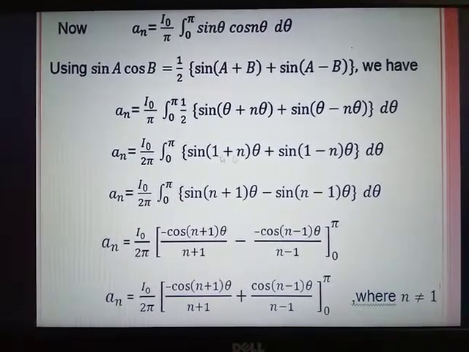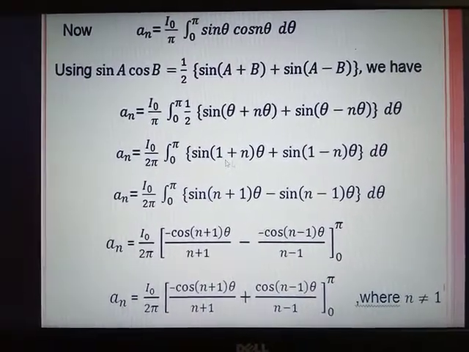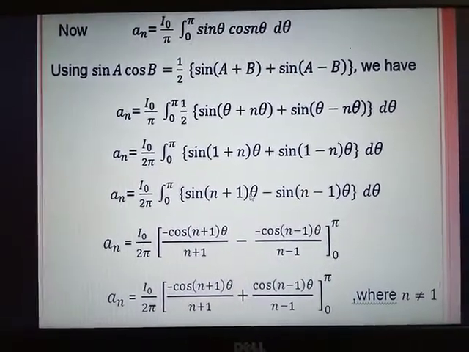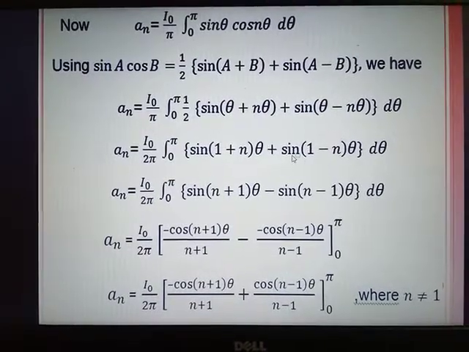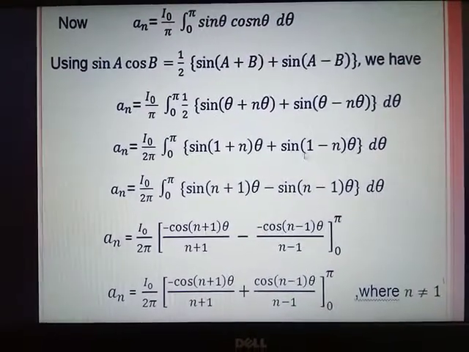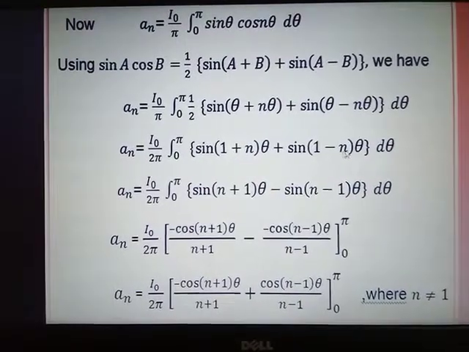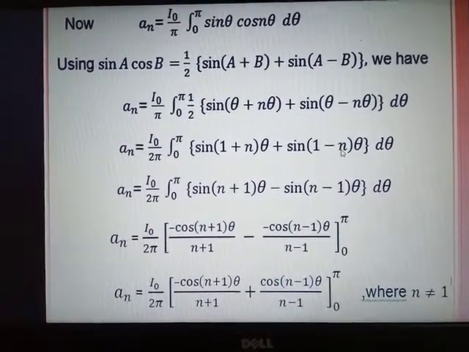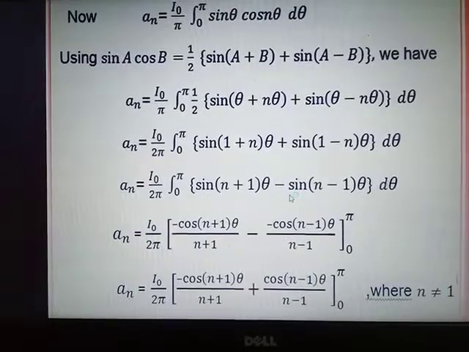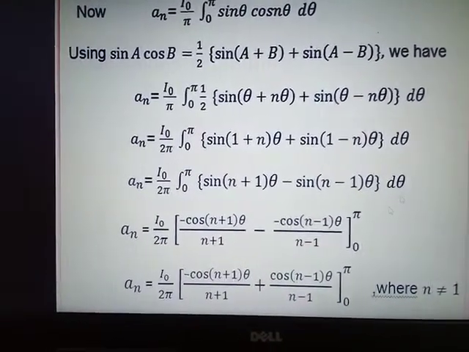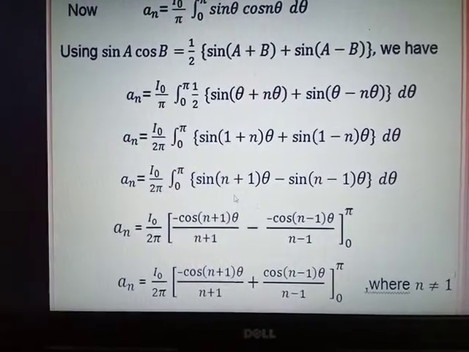I will write 1 plus n as n plus 1, therefore it is sin n plus 1 theta. For this term I have to write sin 1 minus n as sin n minus 1. We know that sin of minus theta is minus sin theta, therefore it is minus sin n minus 1 into theta d theta. Now integrate this one.